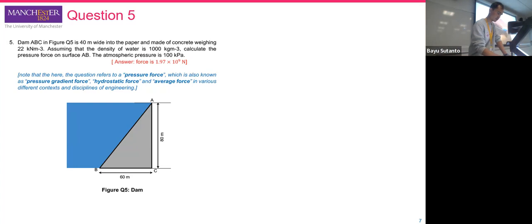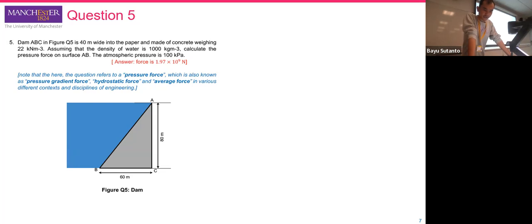So I make it in 3D. This is 80 meters. This is 60 meters. So using Pythagoras, it's going to be 100 meters. And the width into the paper is defined as 40 meters. So this is the construction.